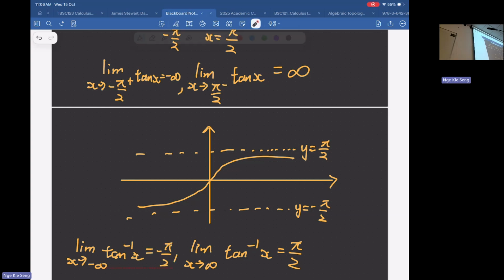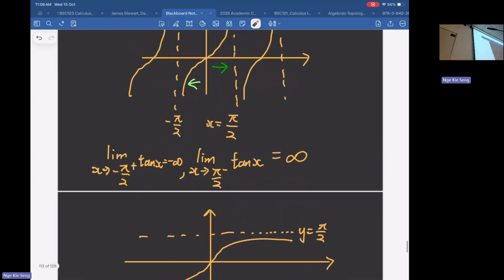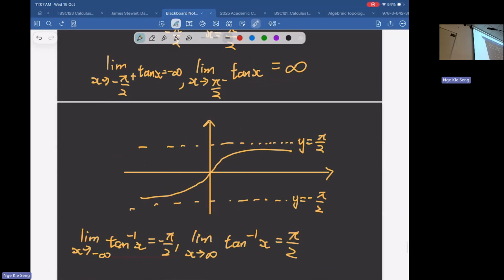You can see that the roles of infinity and the finite number are reversed. If x goes to infinity of arctangent x, you get pi over 2. If x goes to negative infinity of arctangent x, you get minus pi over 2. One defines the vertical asymptote, the other defines what we call the horizontal asymptote.